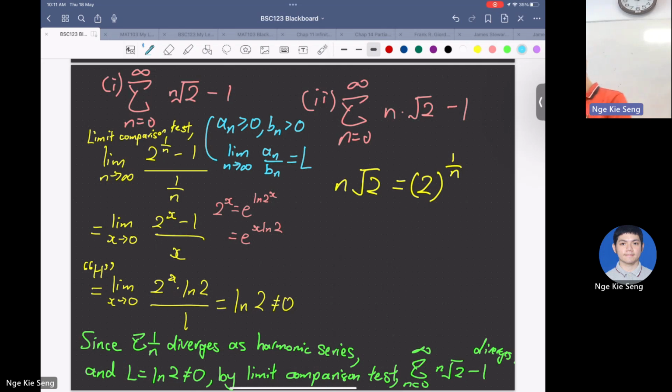So we need to check what this L is here. Say we have this. If L is in between 0 and infinity, the series of An and the series of Bn diverge or converge together.